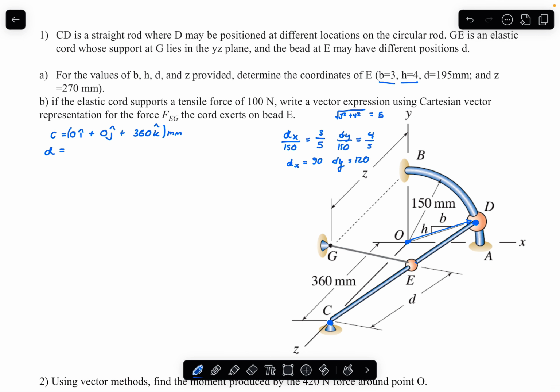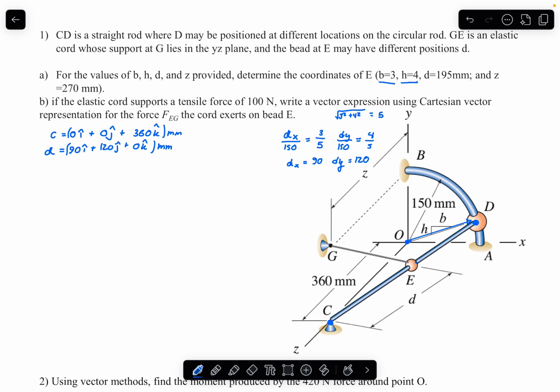This is the easy way that I wrote it. So we're going to put our answer in: 90 i hat plus 120 j hat plus 0 k hat, and this is all in millimeters.